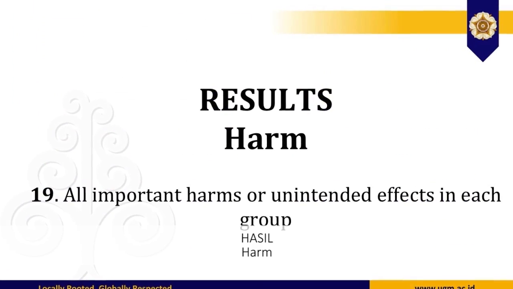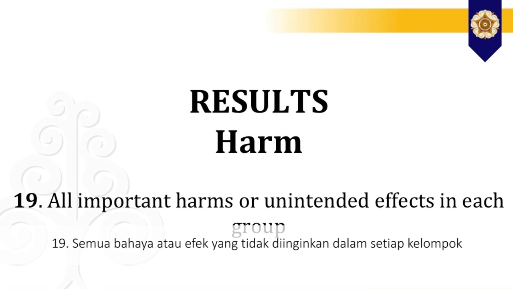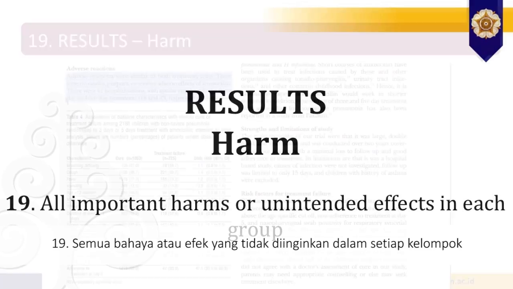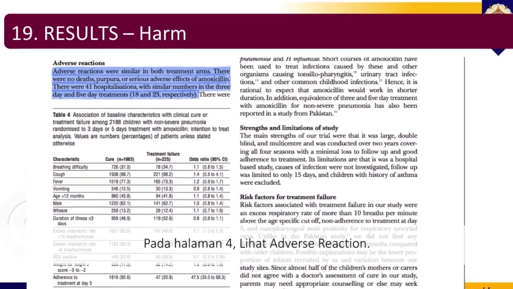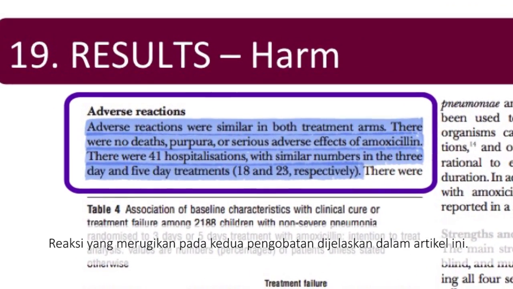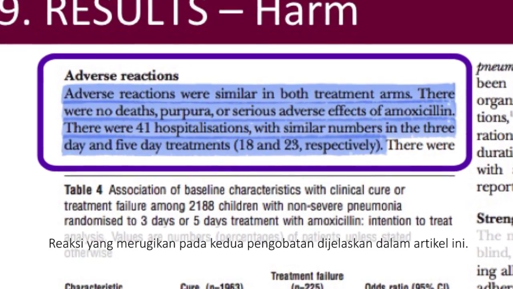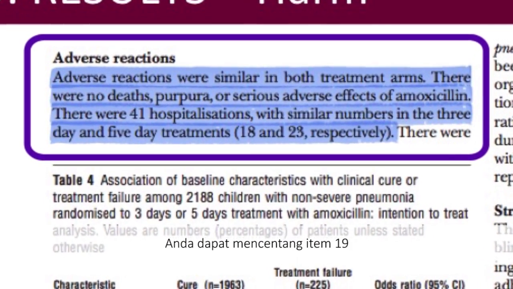Results. Harms. 19. All important harms or unintended effects in each group. On page 4, see adverse reactions. The adverse reactions in both treatments were described in this article. You can check off item 19.